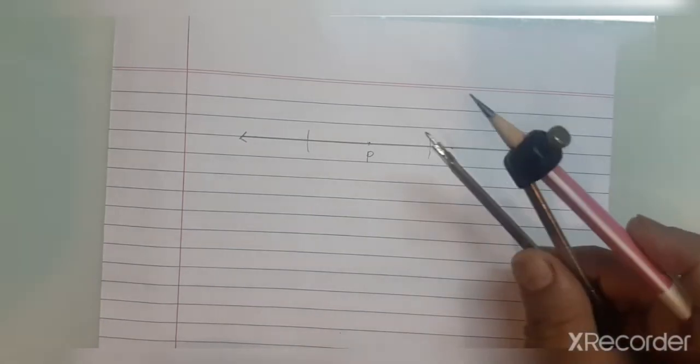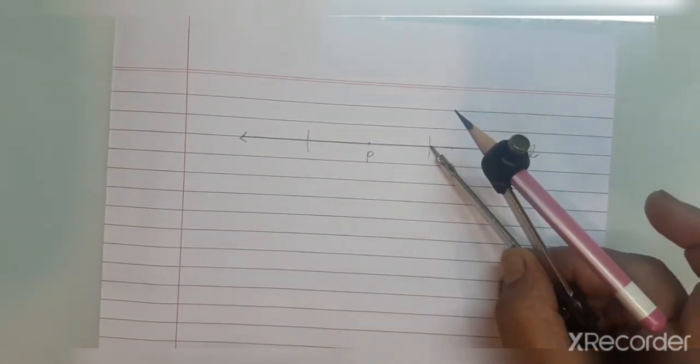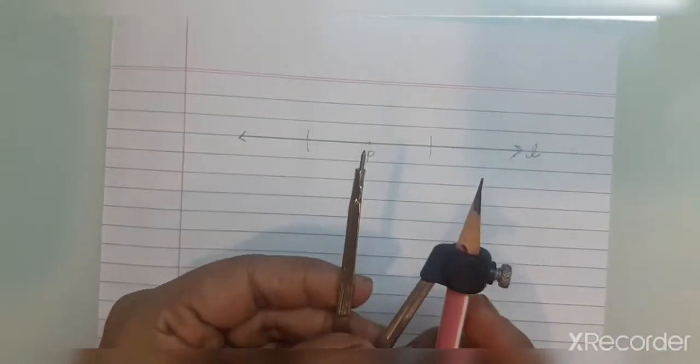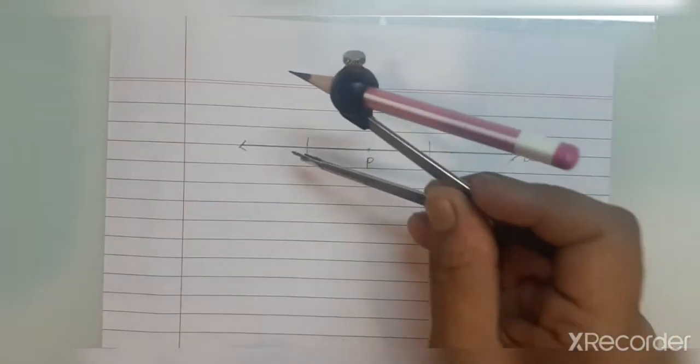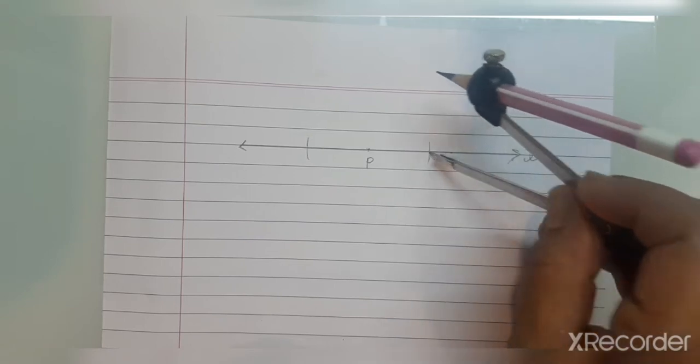Now we have to keep the pointer on any one arc. In this case, we can increase the distance a little. Since we have got these two arcs, we are going to keep the pointer on one arc and make an arc up.